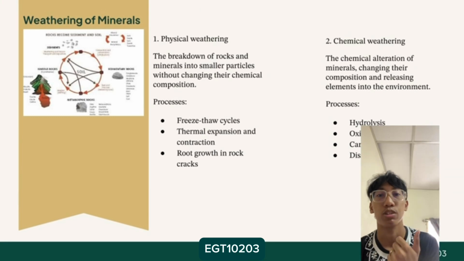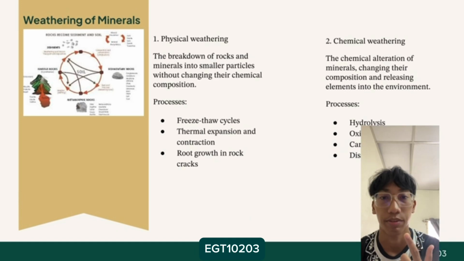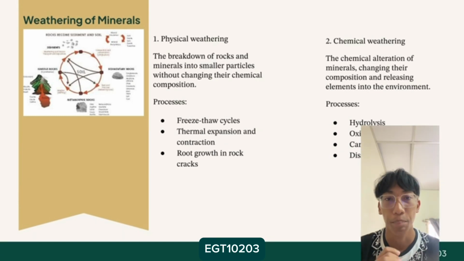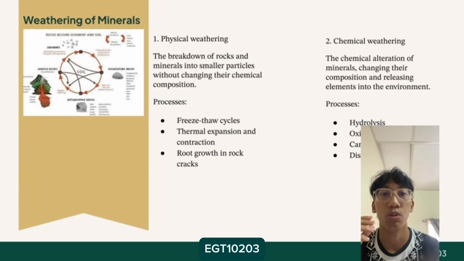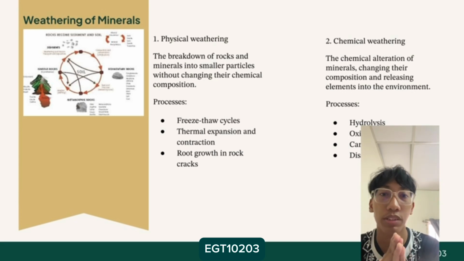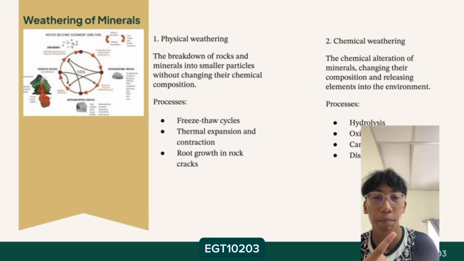The first one is physical weathering, and the second one is chemical weathering. I will explain physical weathering first. Physical weathering is rock breaking into smaller pieces from wind, water, or temperature, and the processes involved include thermal expansion and contraction, and roots growing in rock cracks. That is physical weathering.